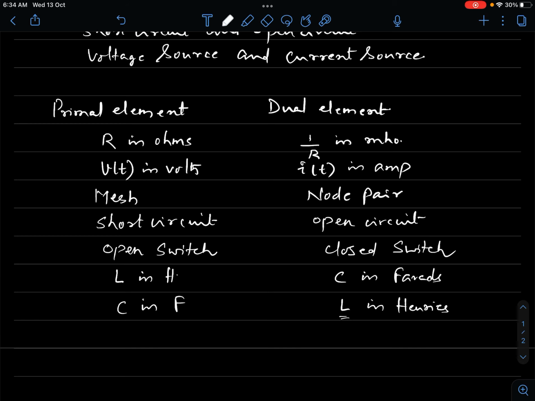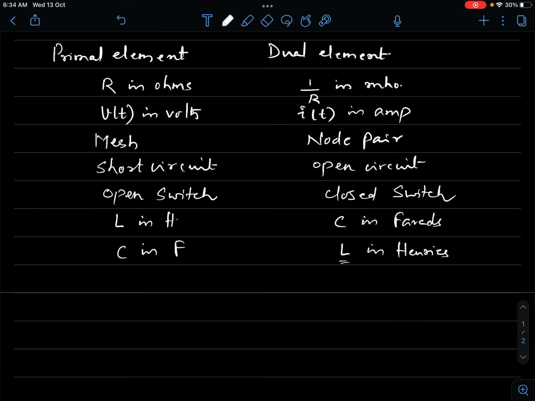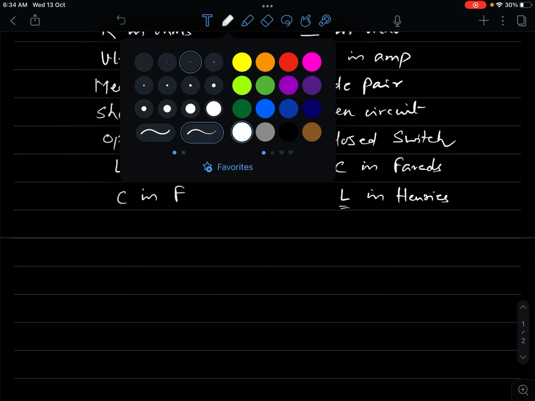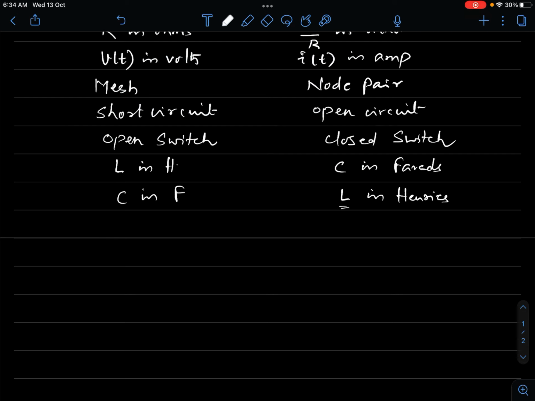Now we will go ahead with the procedure as to how to construct a dual network. Given a network, how to construct a dual network. That is our next article. We will look at that. So the method to construct the dual network. Let us draw a network and construct its dual.